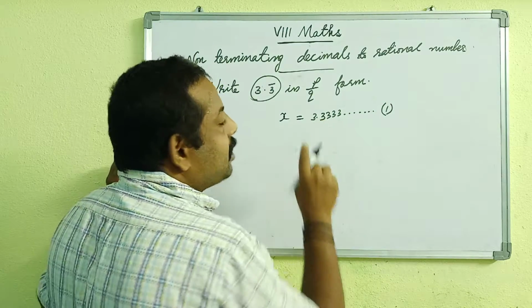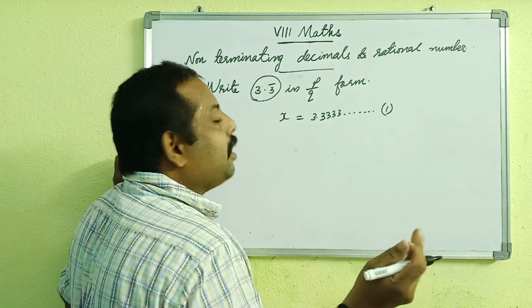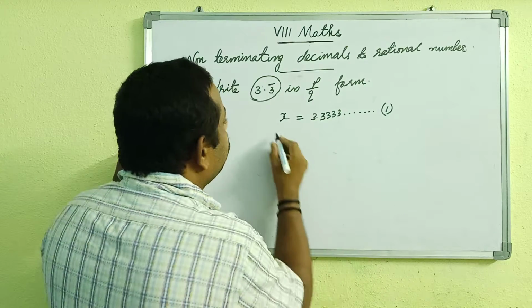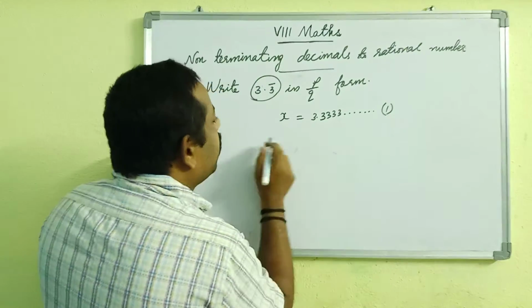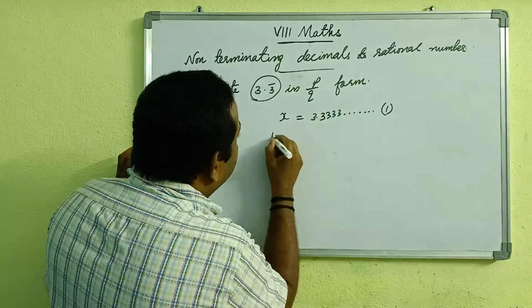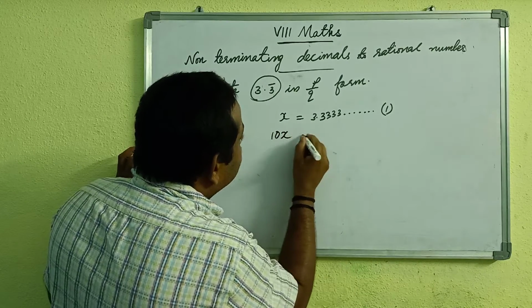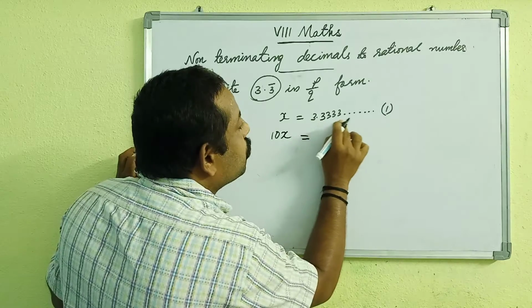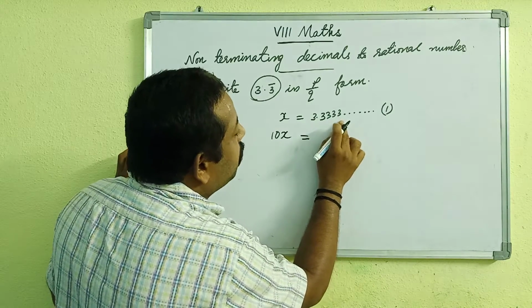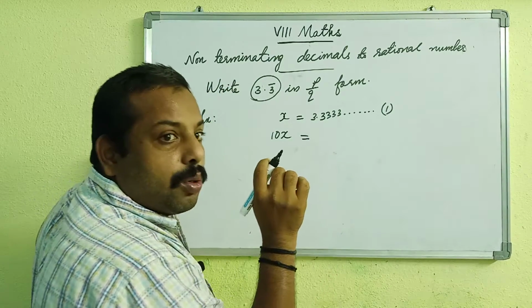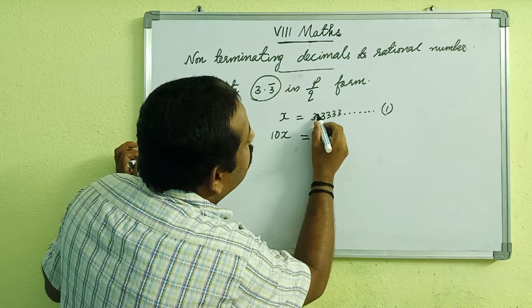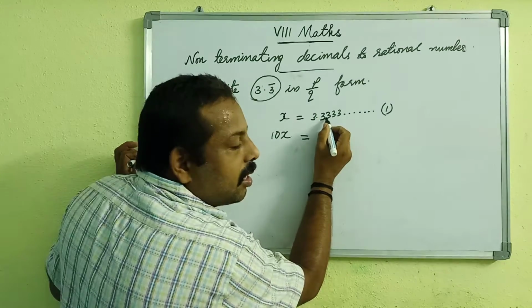So here, as one digit is repeated, we will multiply the total equation by 10. So x multiplied by 10, we get 10x. This also should be multiplied by 10. If you multiply by 10, the decimal point will go after one number.